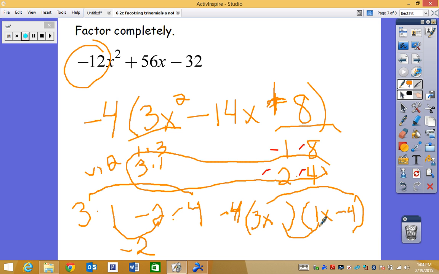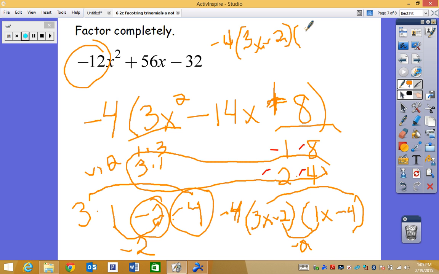And then the inside numbers gave me negative 2. So it was 1 and negative 2. So my answer is kind of messy, but it's negative 4 times 3x minus 2 and 1x minus 4.